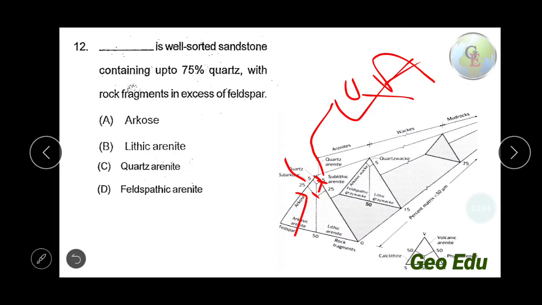So this is the lithic arenite. Lithic arenite consists of up to 75% quartz and more rock fragments than feldspar. Quartz arenite I have already told, and feldspathic arenite has more abundant feldspar than rock fragments, and this field is the feldspathic arenite.